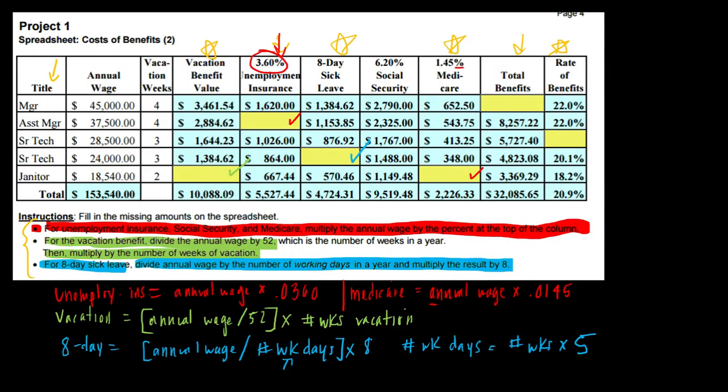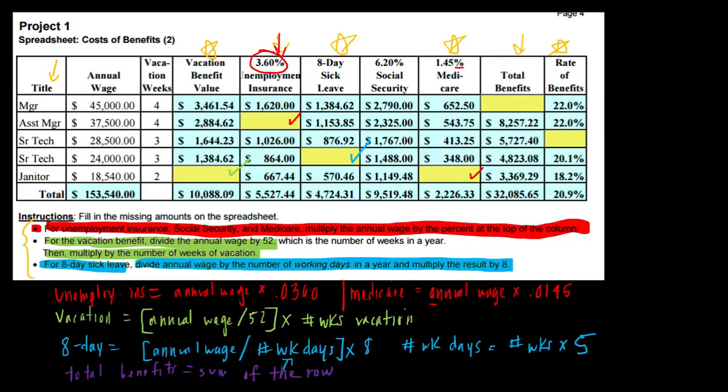So next we come to total benefits, and this is just a total of all the benefits that each employee receives. So it's the sum of all the benefits in the row. So total benefits is just a sum of the row.